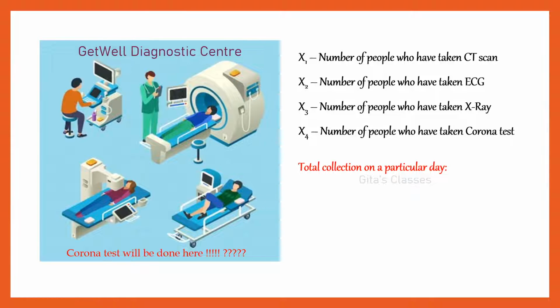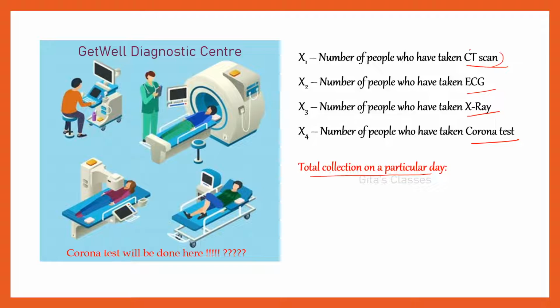Take another example. Let us consider one diagnostic center. We have different tests in the diagnostic center, right? So let us assume CT scan, ECG, X-ray, corona test, like that. So many different tests are available. Let us consider these 4 tests are available in a particular diagnostic center. If you want to find out the total collection on a particular day, what will you do?